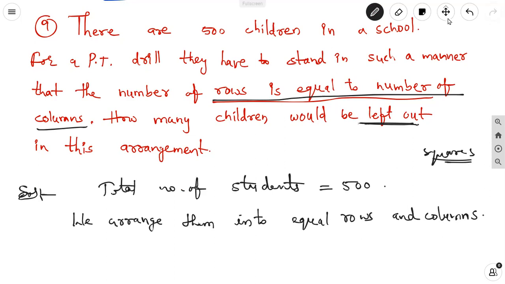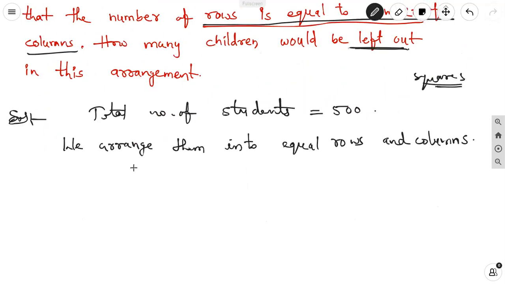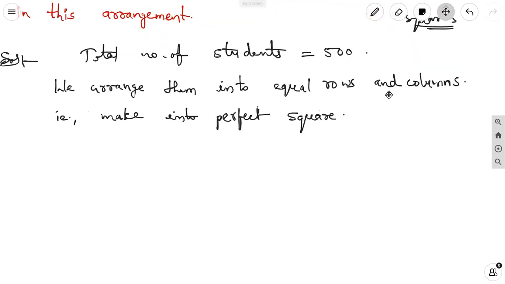That is nothing but making a square, making a perfect square. Okay, for that, how many are left, how many are subtracted from the perfect square?